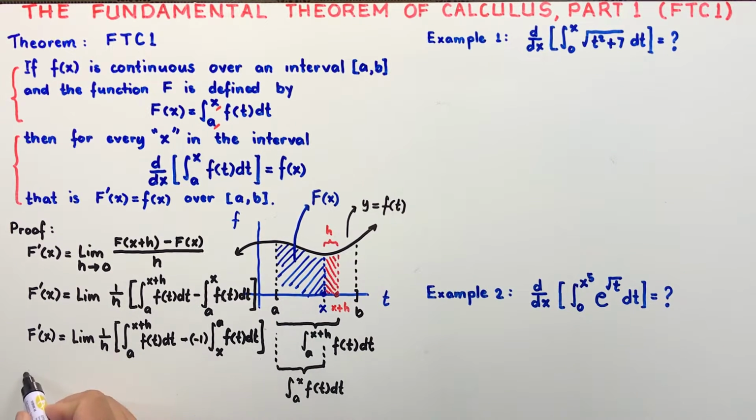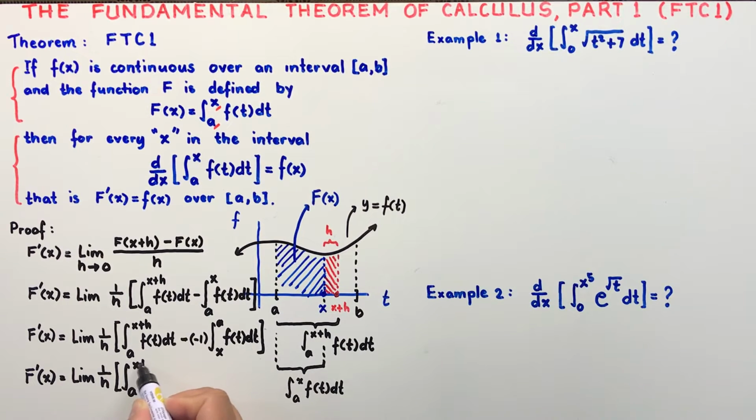So rewriting further, the derivative of the big F of x is equal to the limit of 1 over h of the integral from a to x plus h of our function small f of t dt plus the integral from x to a of our function small f of t dt.